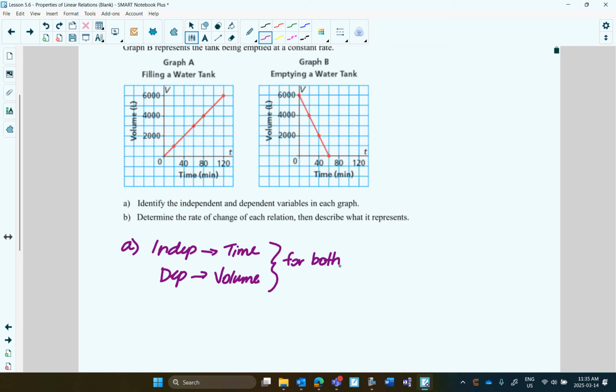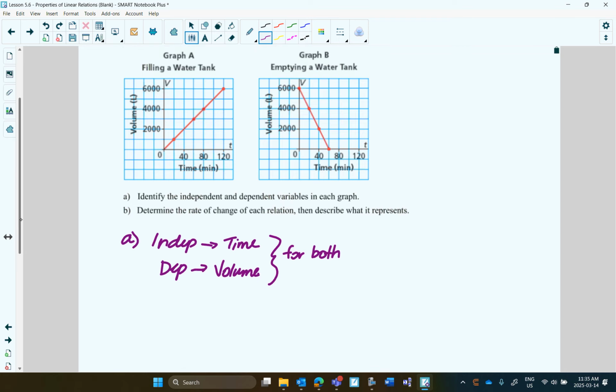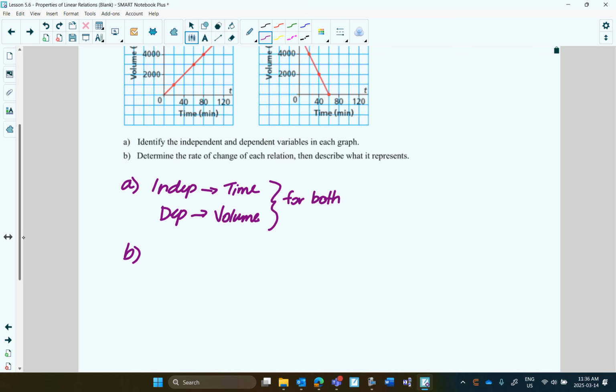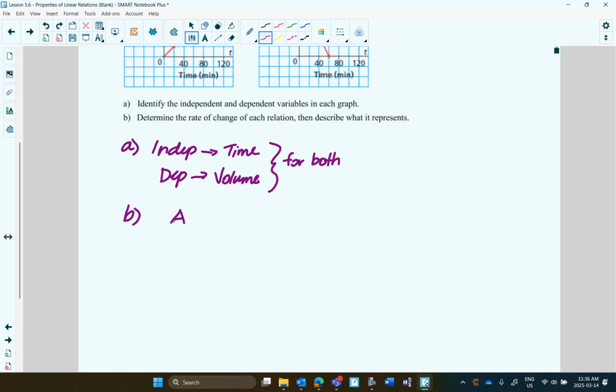And then we're asked to find the rate of change for each linear relation and describe what it represents. So for, let's call it A, we'll find the rate of change, and for B. Remember, to find the rate of change, that's the same as slope.